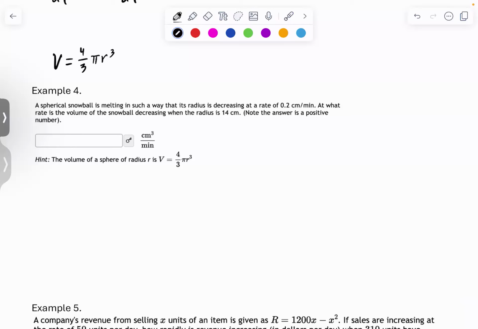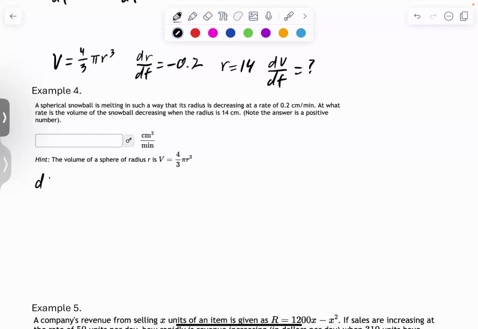The spherical snowball is melting in such a way that its radius is decreasing, so dr dt is negative 0.2 because it's decreasing. At what rate is the volume of the snowball decreasing when the radius is 14 centimeters? So they give us that r is 14, and they want to know dV over dt. That's what they don't know.